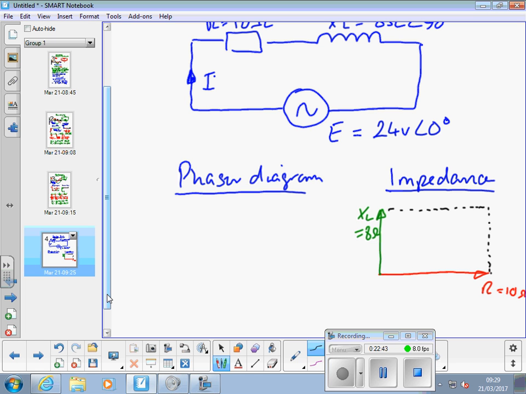And Z is the result of those at some angle theta in there.